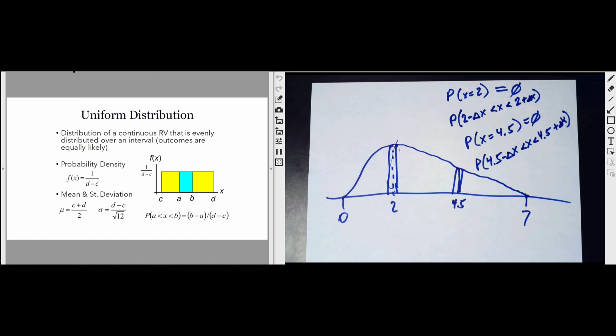Okay. The very simplest kind of probability distribution to think about is the uniform distribution. That is, the probability is evenly distributed over some interval. The interval starts from c and goes up to d.